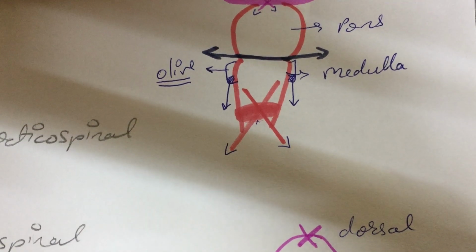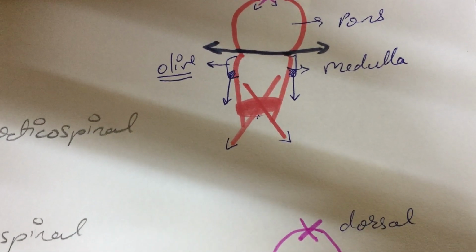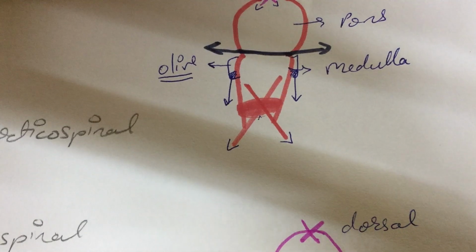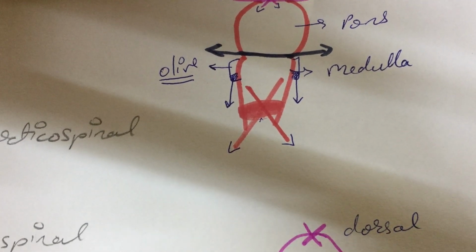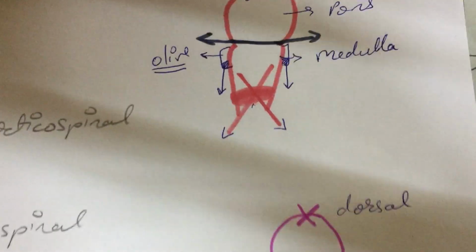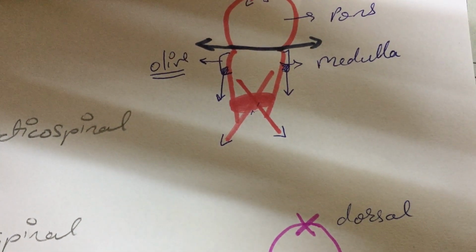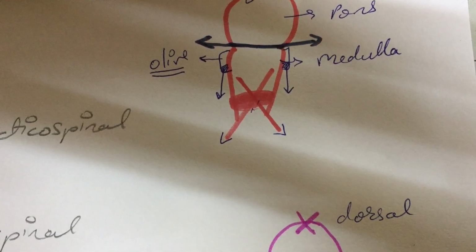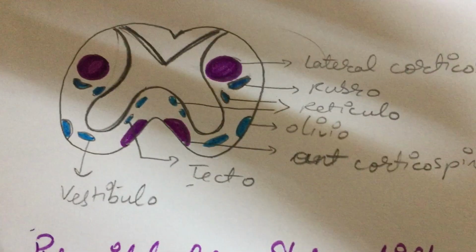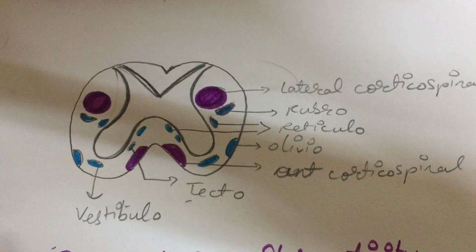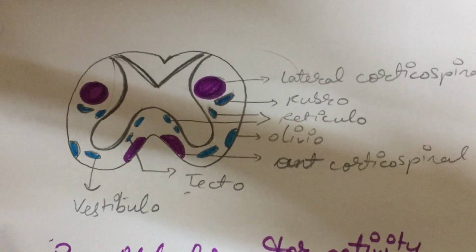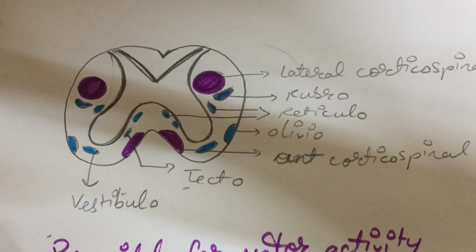The lateral corticospinal tract accounts for 80% of them and traverses through the thalamus, midbrain, pons, and medulla, and at the lower level of the medulla, they cross to mark the pyramidal decussation and run in the lateral white column of the cord. The remaining 20% forms the anterior tract and runs in the anterior white column.